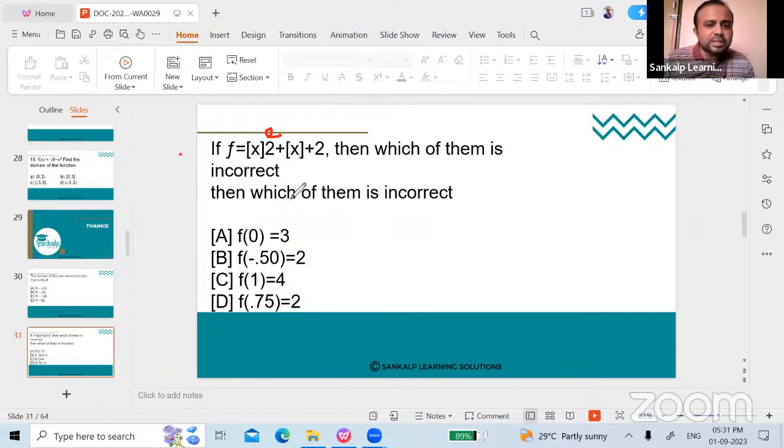Please try to give the answer. The statement is repeated one more time: if f of x is equal to x square plus x plus 2, then which of them is incorrect? f of 0 is 3, f of minus 0.50 is 2, f of 1 is 4, and f of 0.75 is 2. Which of them is incorrect?